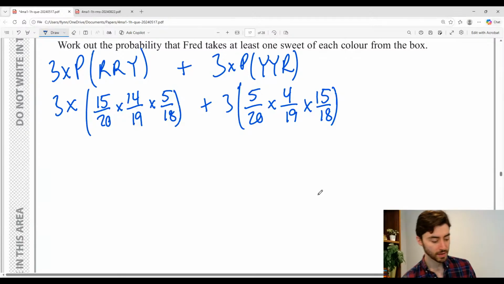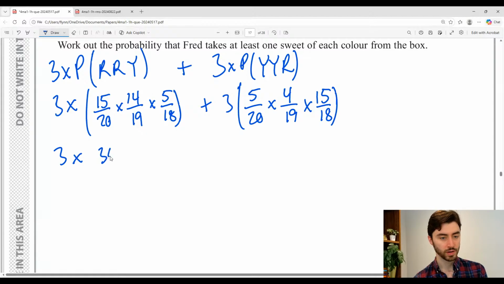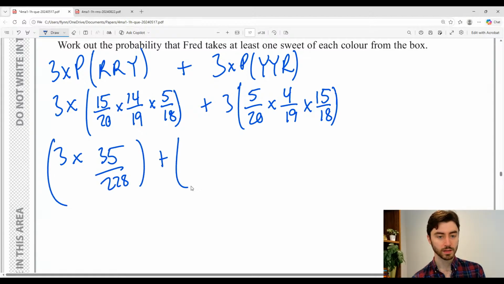And we can work these out individually. Now I'm going to show all my steps here. So 15 times 14 times 5 out of 20 times 19 times 18. So that's 3 lots of 35 over 228, plus 3 lots of, and this time it's 5 times 4 times 15 all over 20 times 19 times 18, which is 5 over 114.